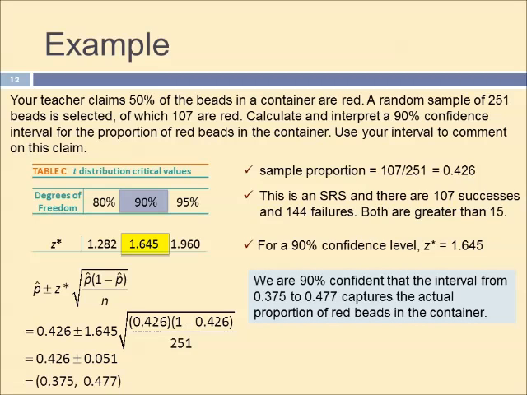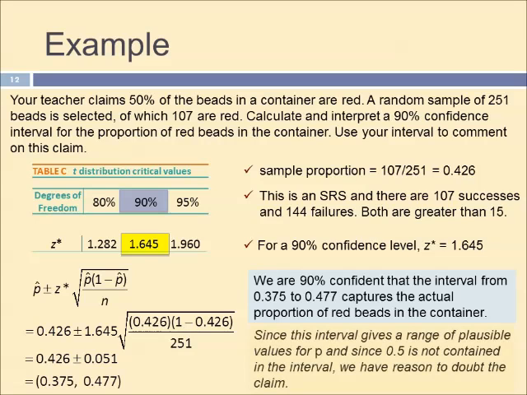So we are 90% confident that the interval from 0.375 to 0.477 captures the actual proportion of red beads in the container. Now, this interval gives a range of plausible values, and the teacher claimed that 50% of the beads are red. This interval does not contain 0.5, so we have reason to doubt the claim.